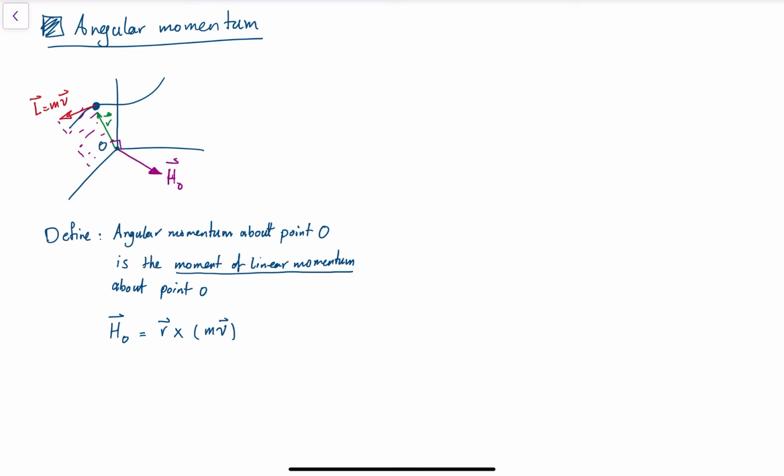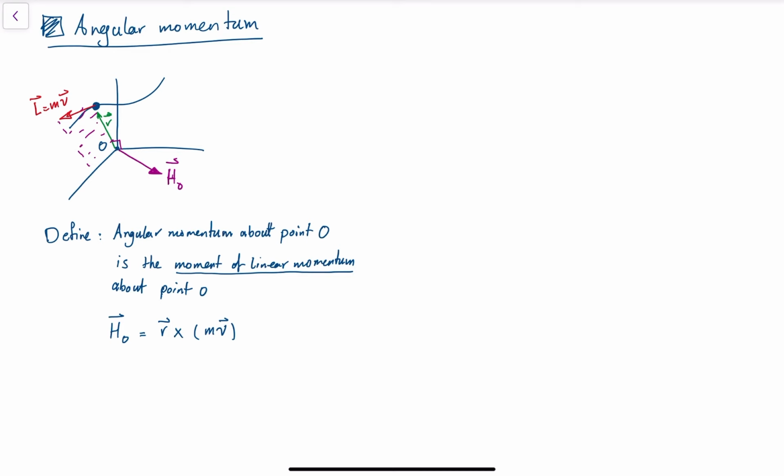In other words, very loosely speaking, this angular momentum is, I put it in quotation because it is not exact, the rotational effect of particle's linear momentum about your reference point.